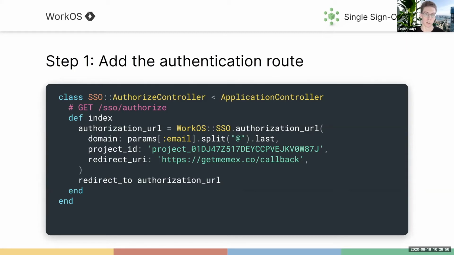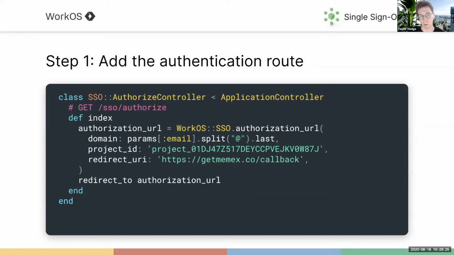And we're going to have this endpoint redirect to an authorization URL that we are generating using this convenience method from the WorkOS SDK called authorization URL, uncannily enough. In this case, this method is going to require 3 parameters. The first being the domain for this user, which we're going to grab from the authenticating user's email address.